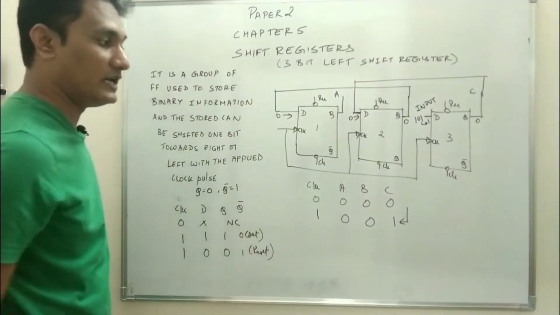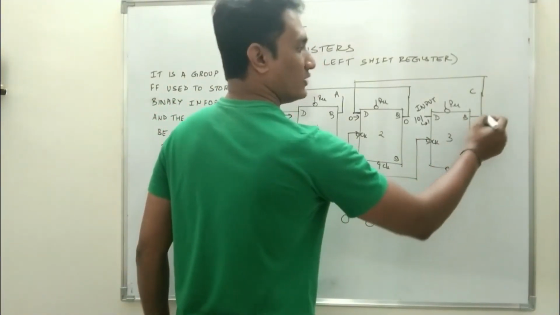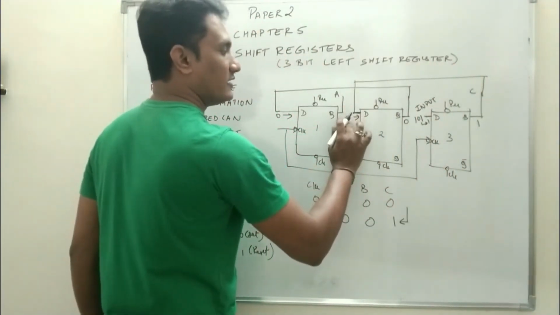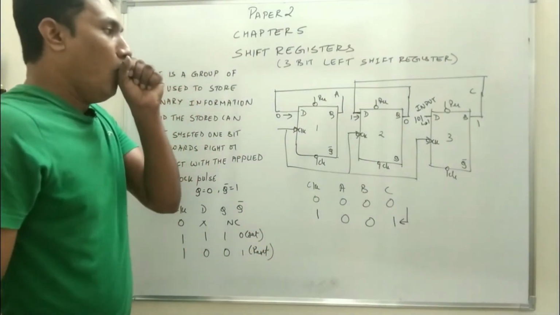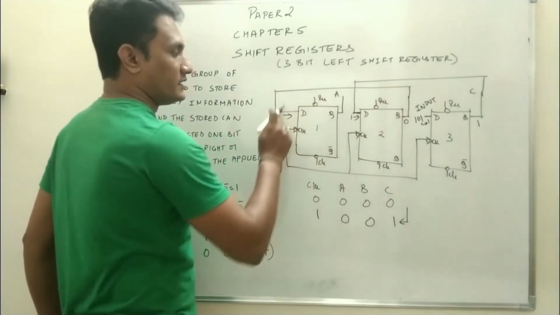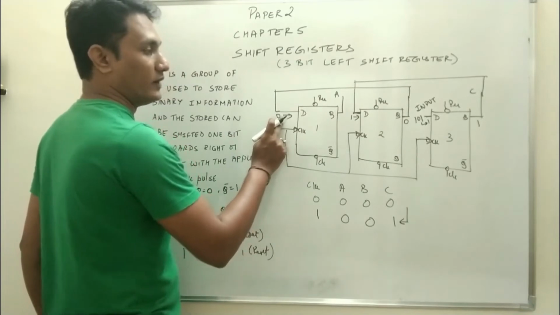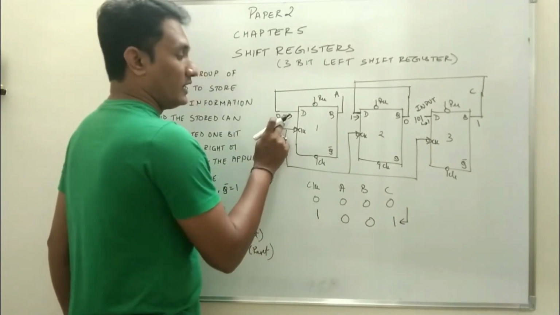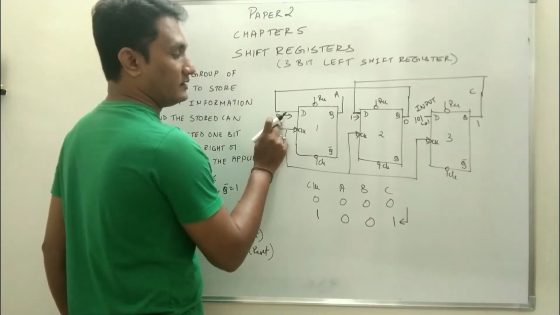It is moving from left now. Now the output C has become 1. So if C is 1, the input for the second flip-flop will become 1. Then the output of the second is 0, so the input for the first is still 0. So before applying the second clock pulse, what is the state here?